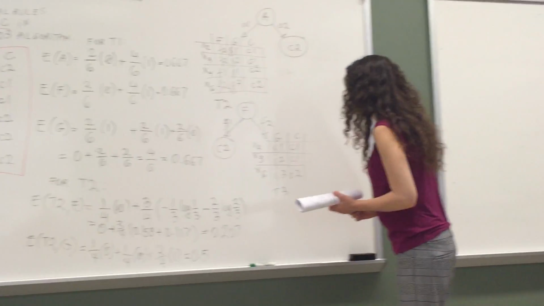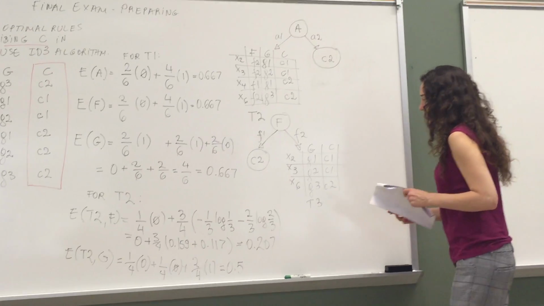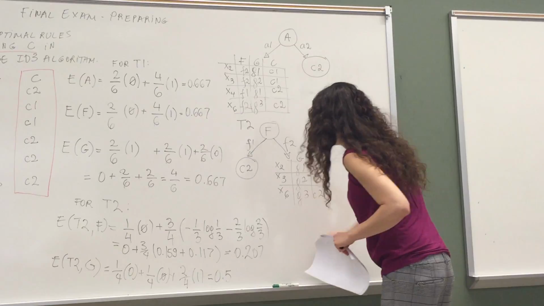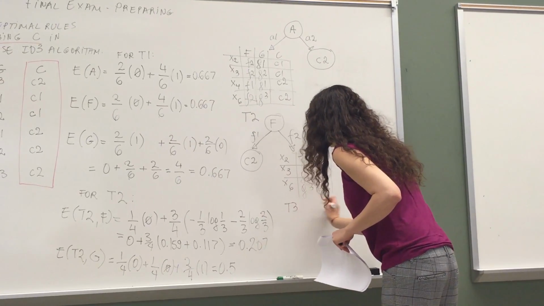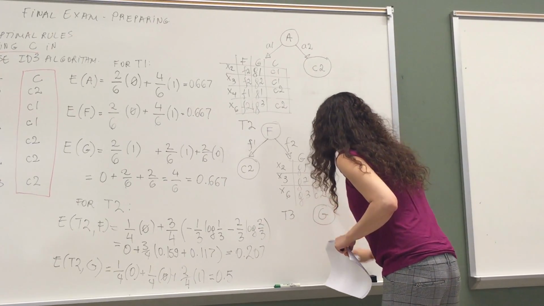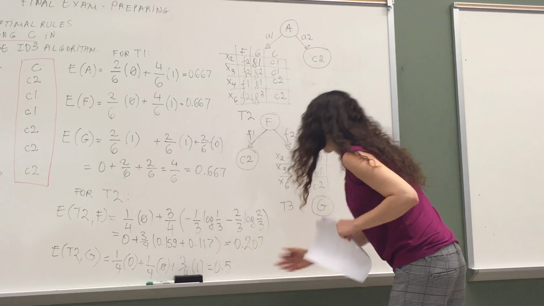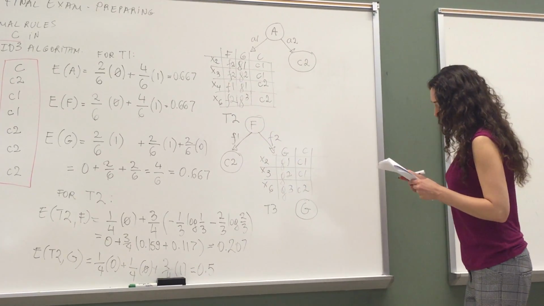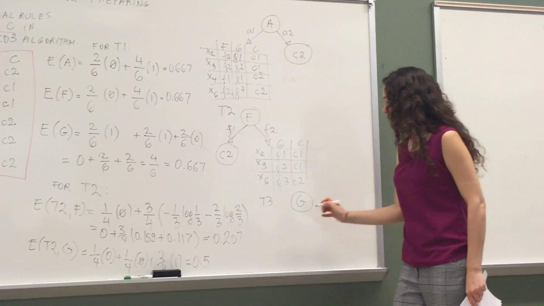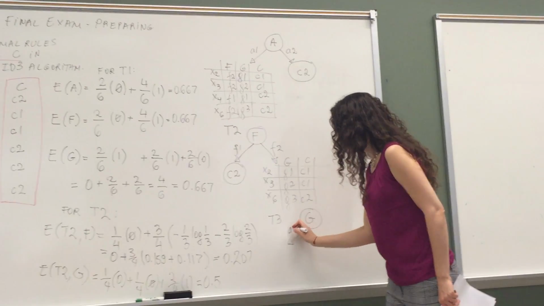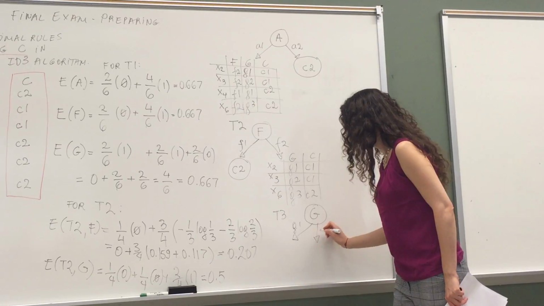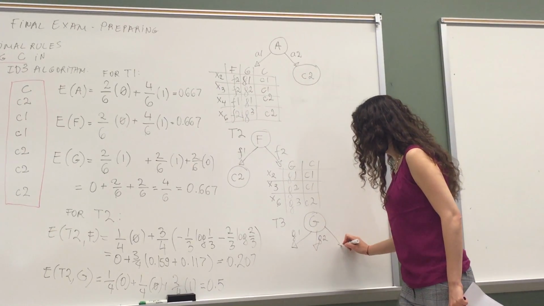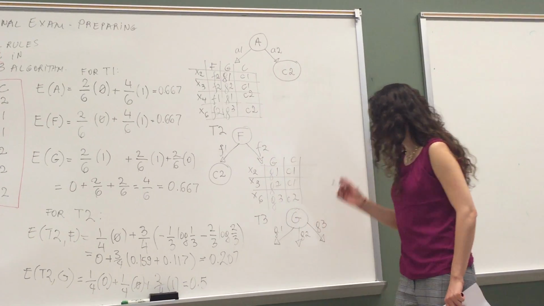And when we do that, if we split on the attribute G, we have 3 values for G: G1, G2, and G3.